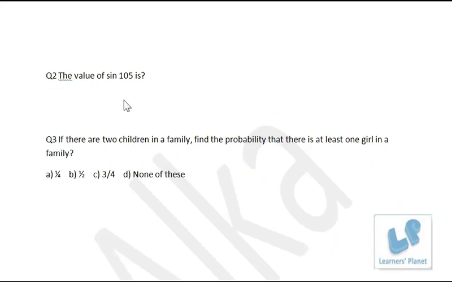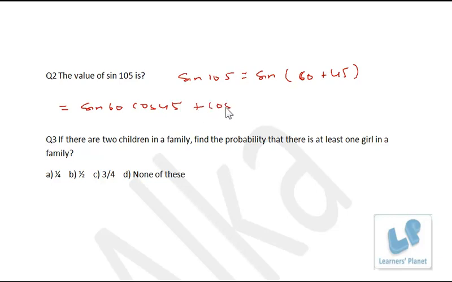Now this question: what is the value of sine 105? Sine 105 can be written as sine of 60 plus 45. Now sine (A plus B) is sine A cos B plus cos A sine B. So that is sine 60 cos 45 plus cos 60 sine 45.